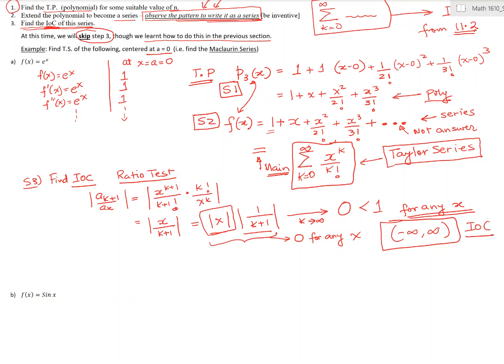Very powerful result. That means f of x can be written as this power series, what we just found, for all x, not just near 0. This converges for all x, which is quite interesting.